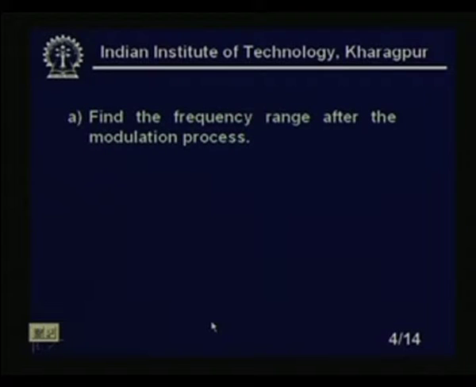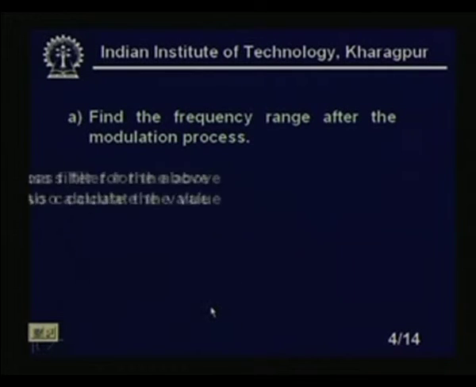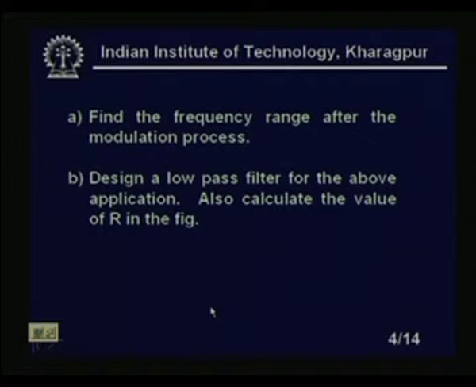Part A: find the frequency range after the modulation process. Part B: design a low pass filter for the above application. Also calculate the value of R in the figure, the resistance values which we have shown in the diagram.